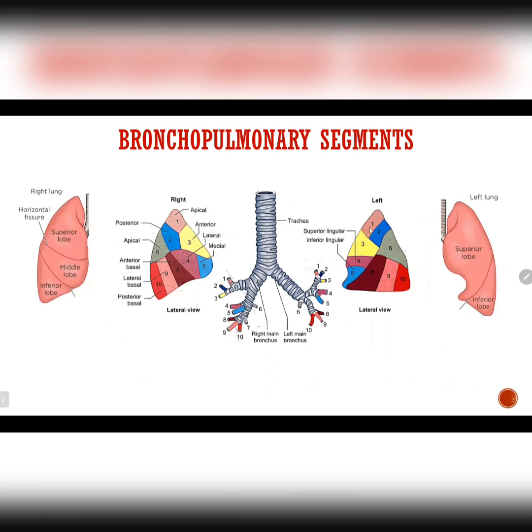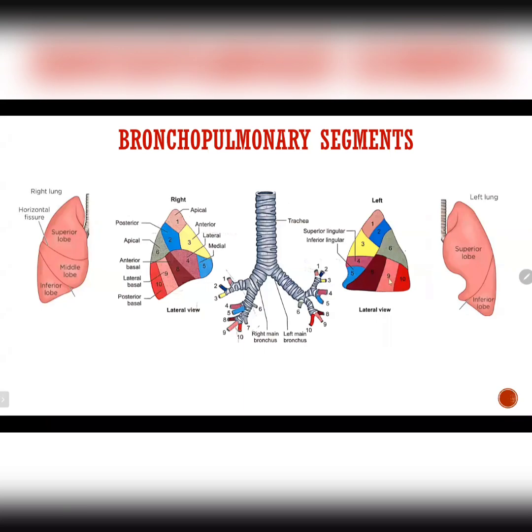So 1 is the apical segment, 3 is the anterior segment, and 2 is the posterior segment. Whereas these 2, labeled as 4 and 5, because they are related to the lingula, are named the superior lingular segment and inferior lingular segment.